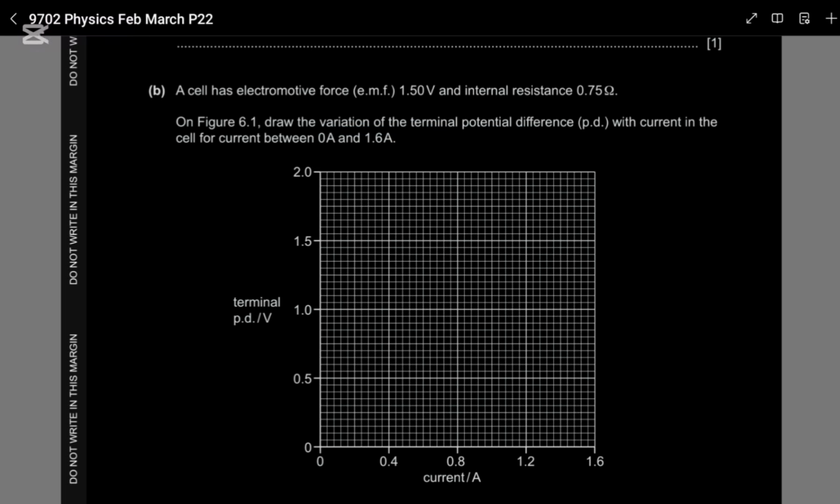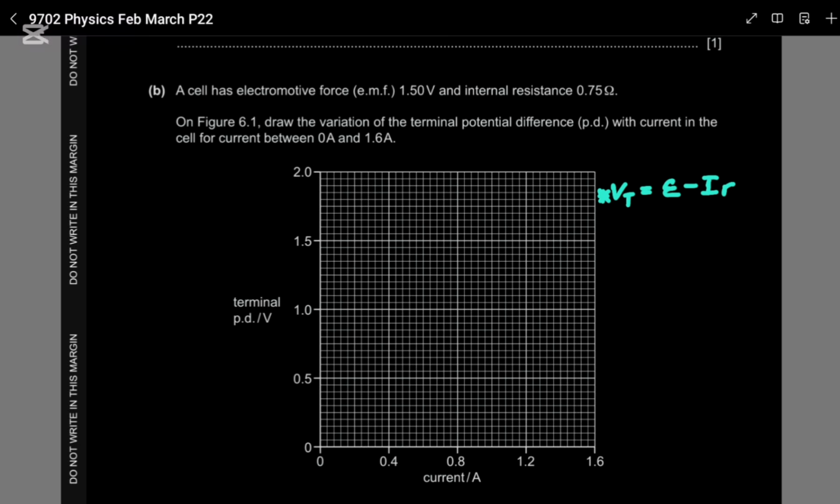Now the terminal potential difference, V terminal, is equal to the EMF minus the voltage lost, or the voltage across the internal resistance, which is the current times the internal resistance.